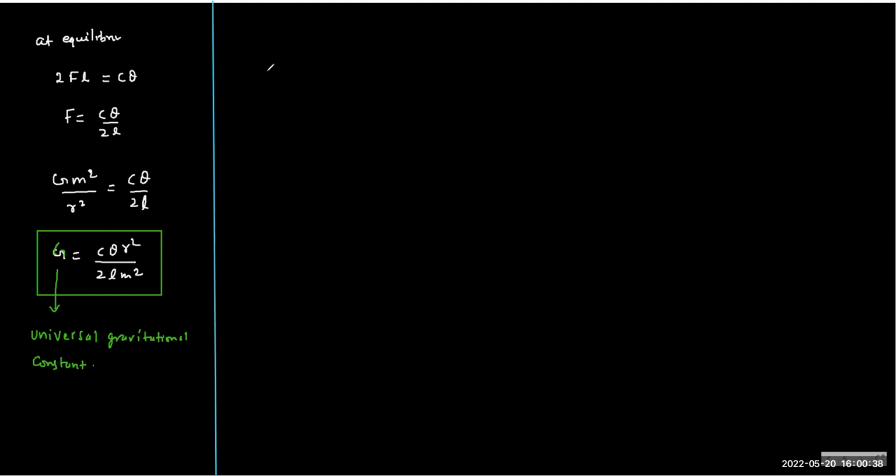So now we can move further. What do we really need to do? We'll talk about the variation of g, or let's talk about the gravitational field intensity.